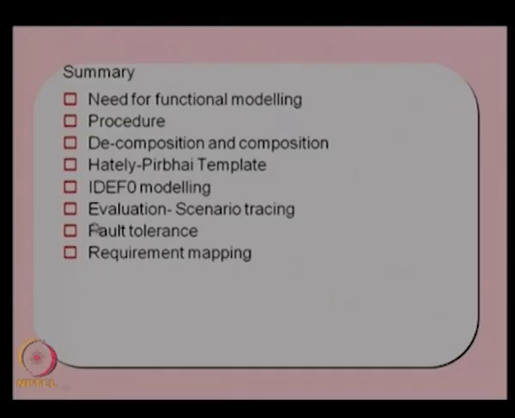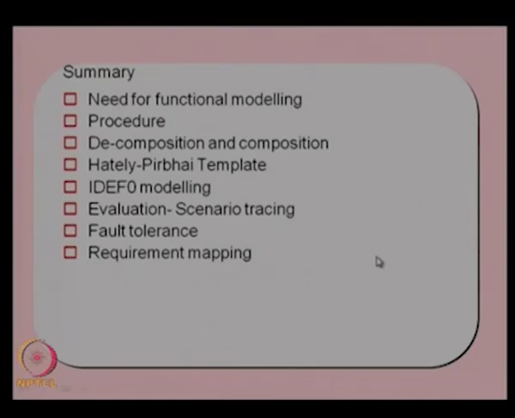And we discussed the fault tolerance functions: how we complete the functional architecture by providing error detection functions, error confinement functions, error reporting functions, and so on. These functions also need to be incorporated for fault tolerance. And we discussed the requirement mapping: how we map the requirements to the functions using the functional architecture. So, these are the points we discussed in the last few lectures.